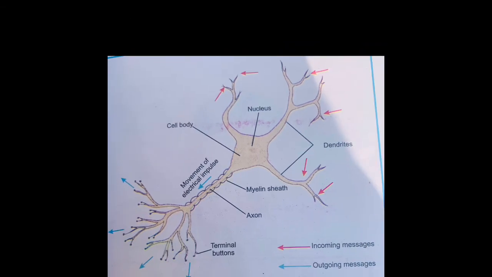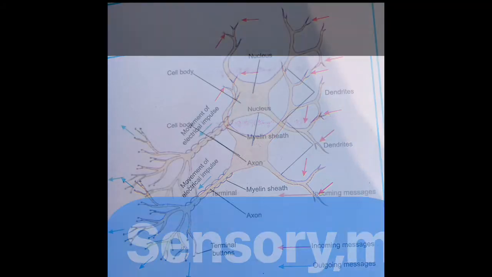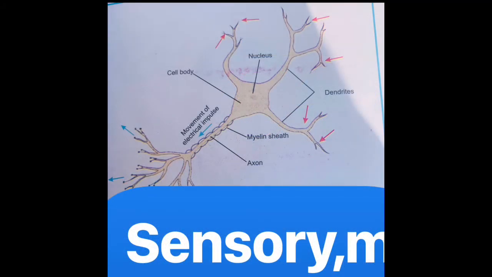Some neuron cell bodies are gathered in large clusters called nuclei in the central nervous system, and some smaller gatherings of cell bodies are named ganglia in the peripheral nervous system.